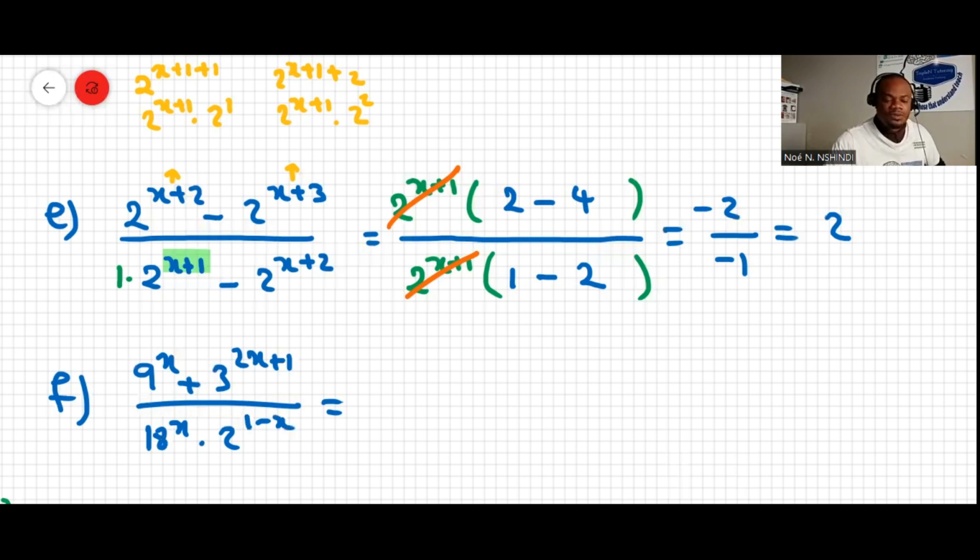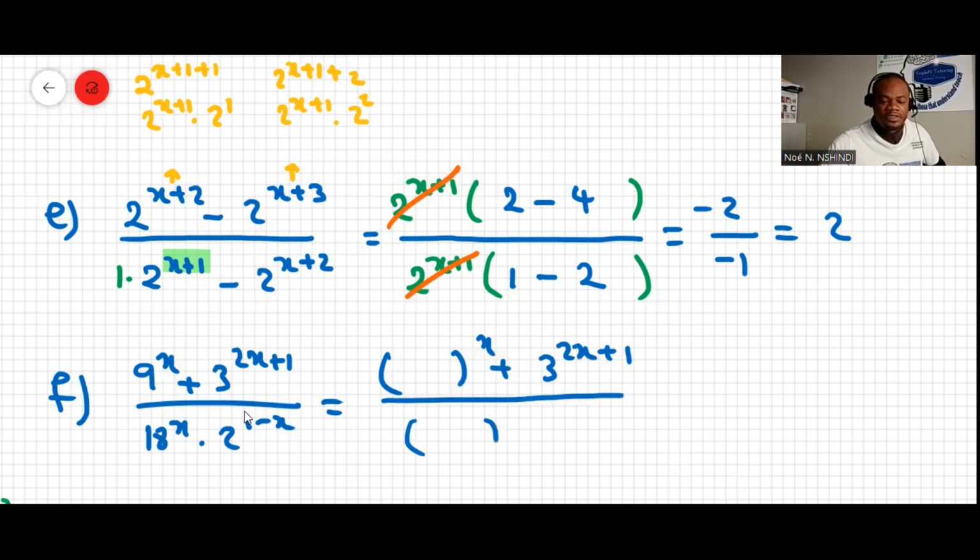First of all, I'm going to write 9 in terms of its prime factor, and 18 also in terms of prime factors. 3 and 2 are already prime numbers. So this will be 9 to the power of x plus 3 to the 2x plus 1 all over 18 to the power of x multiplied by 2 to the 1 minus x.